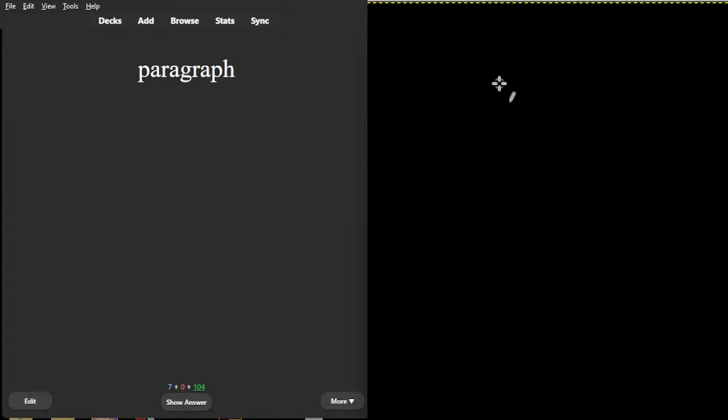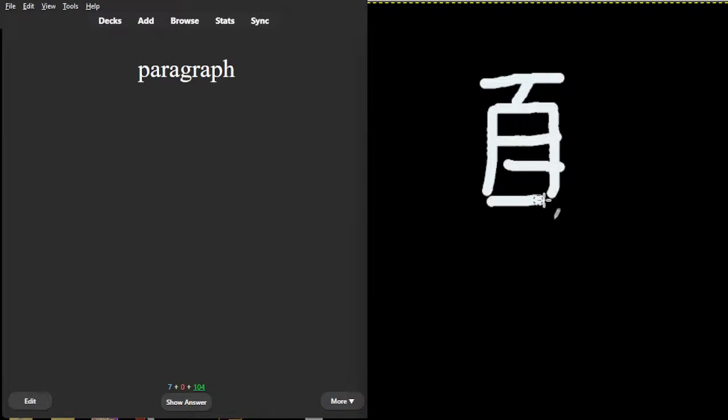Paragraph. So I know it involves a page, but there's something else. Does it begin? Like you begin the page?